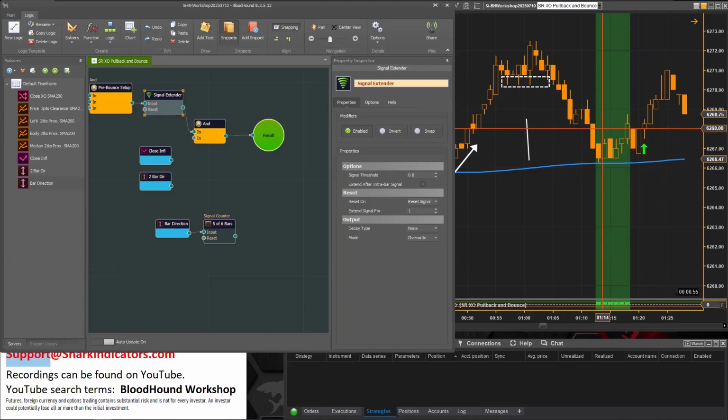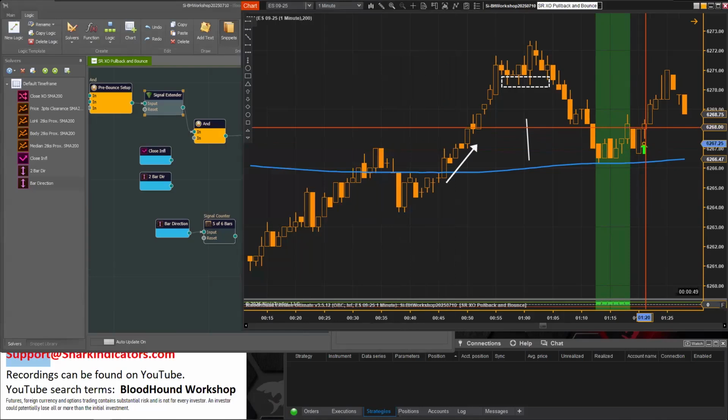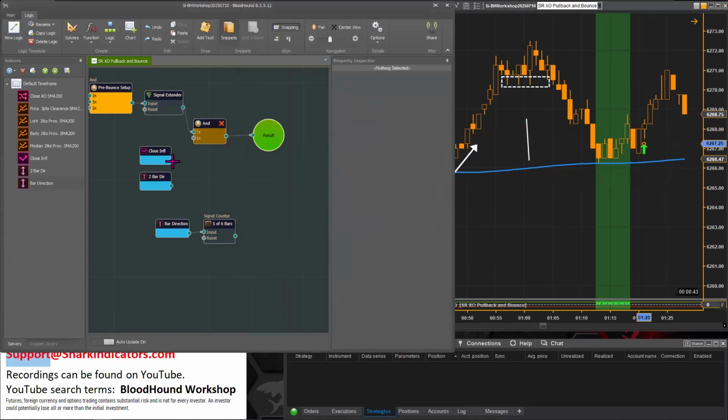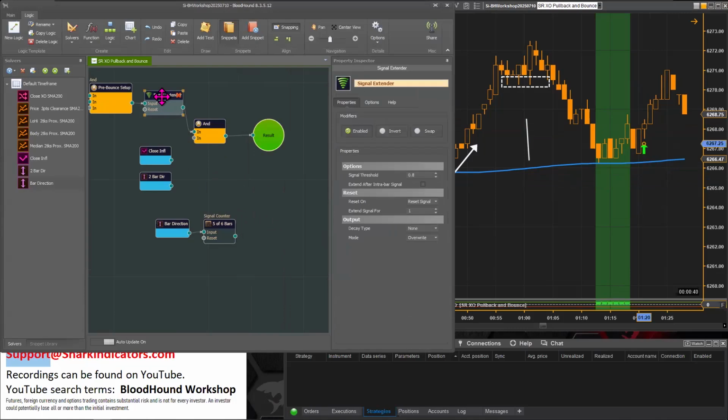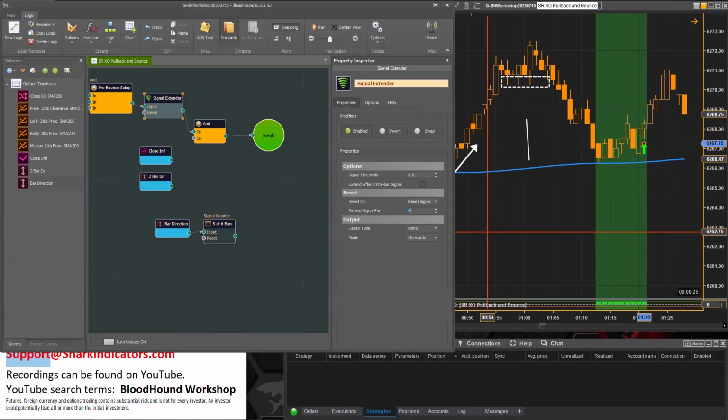So this long output needs to be extended all the way forward in time until we get to this 5th bar here. So our signal extender needs to be increased to 4 bars. All right, there we go.